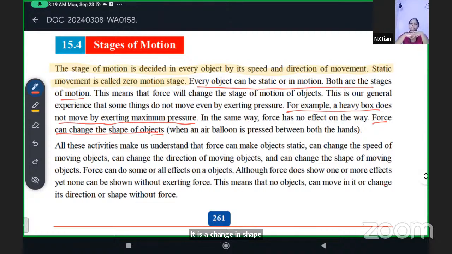Also, when a car accident happens, a lot of force is applied on the car. Another car collides with it with force, and due to that force, the car's body is bumped totally and the shape also changes. You have seen a car that's been in an accident.